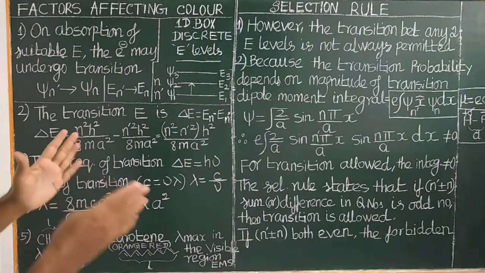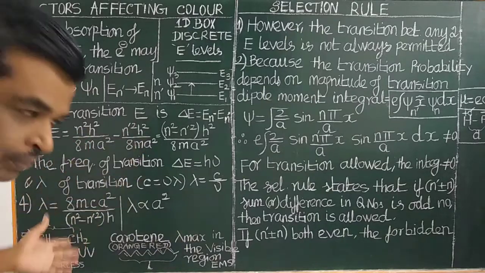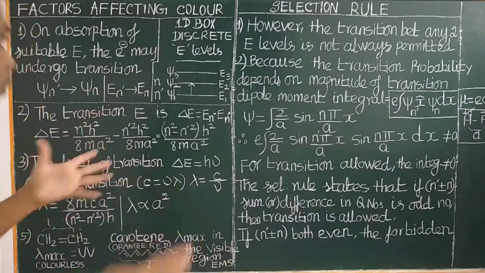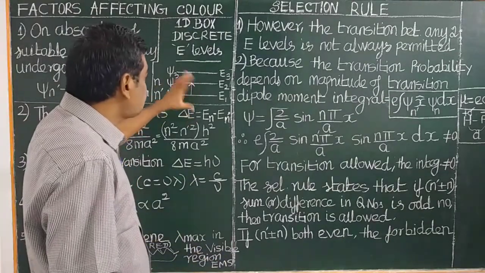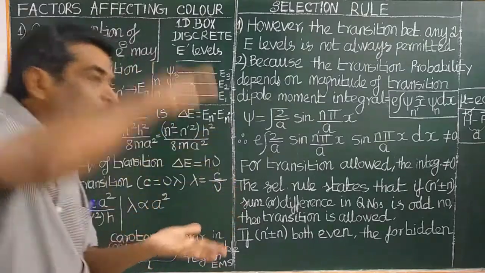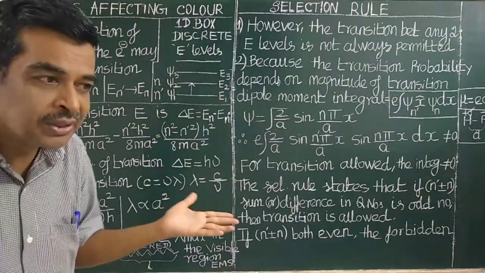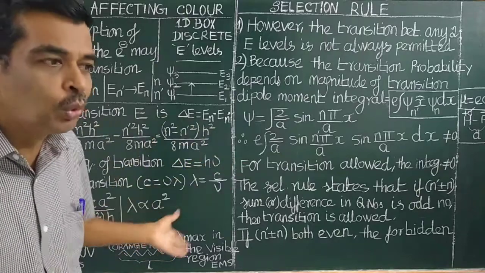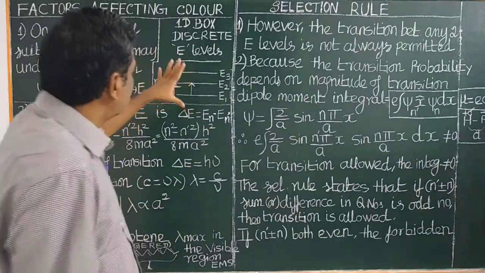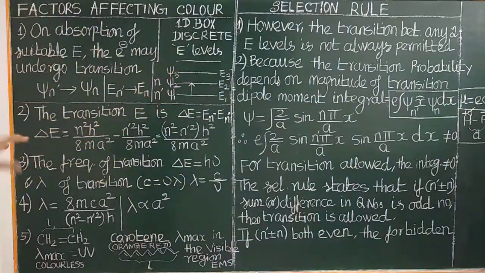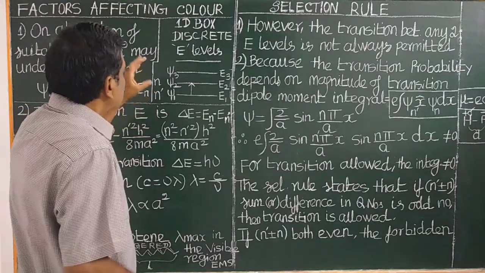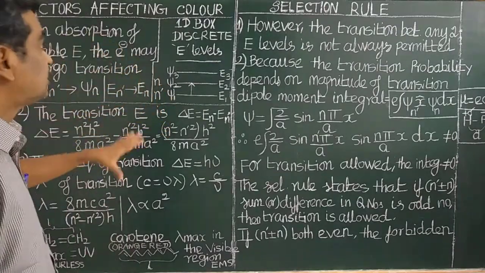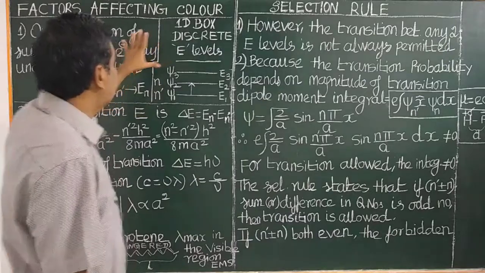If the electron is free to move, then the energy levels are continuous. Since the electron is bound, the energy levels are discrete.